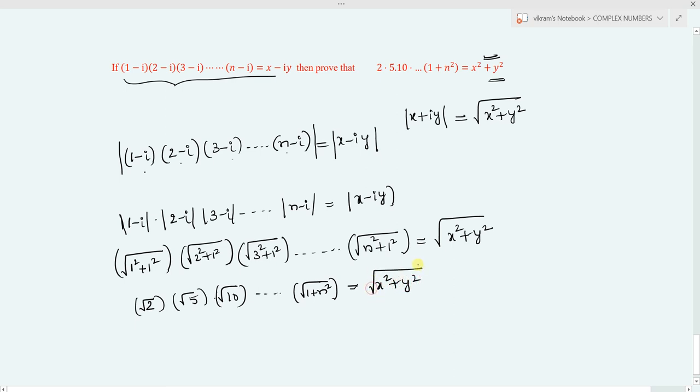But we need to obtain only x square plus y square, so simply square on both sides. Then we get 2 into 5 into 10 into 1 plus n square equals x square plus y square. The required condition is proved.